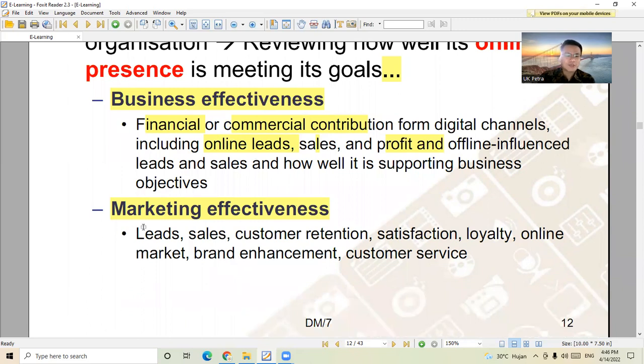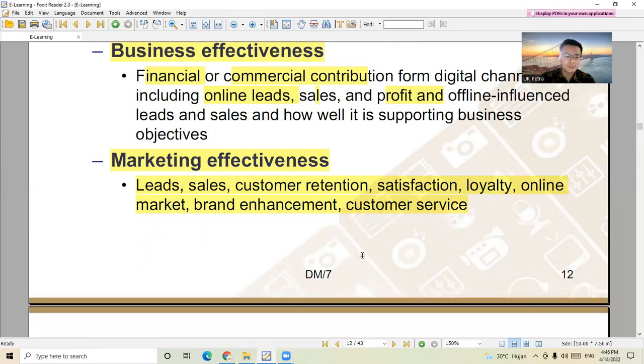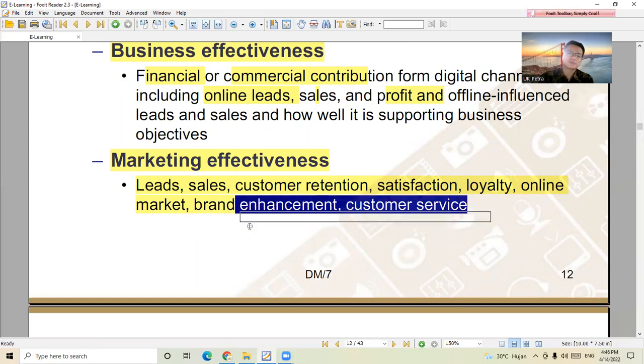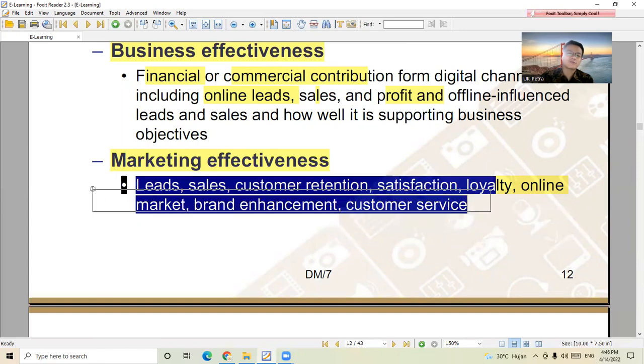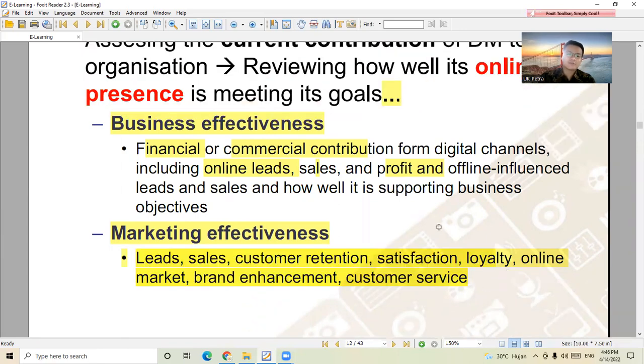If we want to check the effectiveness of digital marketing in terms of marketing, these are the things we have to be concerned with: the leads, the sales, retention, satisfaction, loyalty, brand enhancement, customer service. So anything related to marketing. Anything related to the business is usually about the financial contribution and the profits.